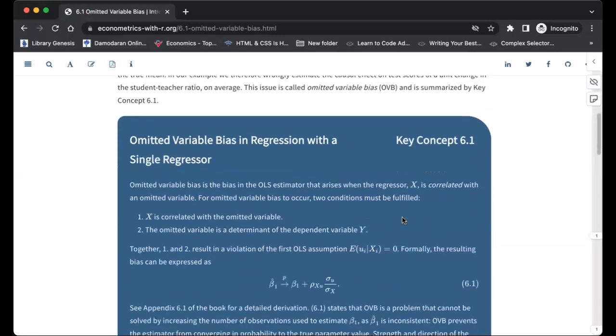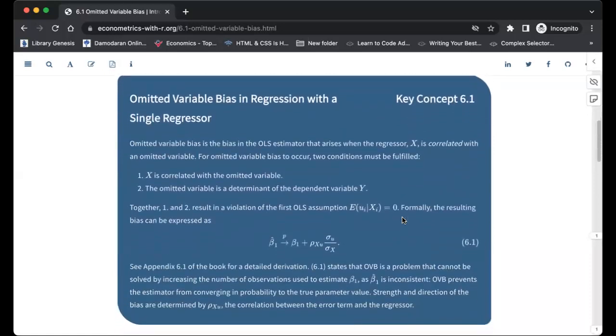Key concept 6.1 gives a summary of this. Omitted variable bias is the bias in the OLS estimator that arises when the regressor X is correlated with an omitted variable. For omitted variable bias to occur, 2 conditions must be fulfilled.